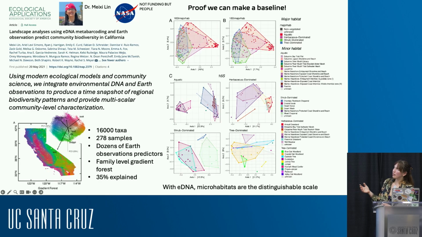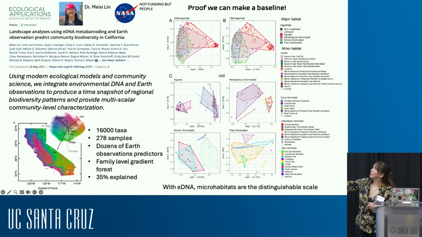And our early work was this landscape eDNA paper, where we took a bunch of remote sensing variables from what we call Earth observations as predictors to see how they predict family level information from eDNA.